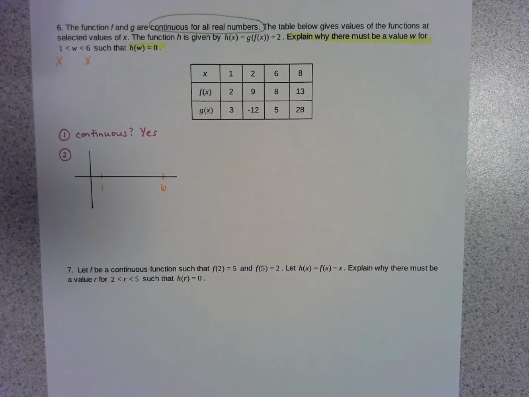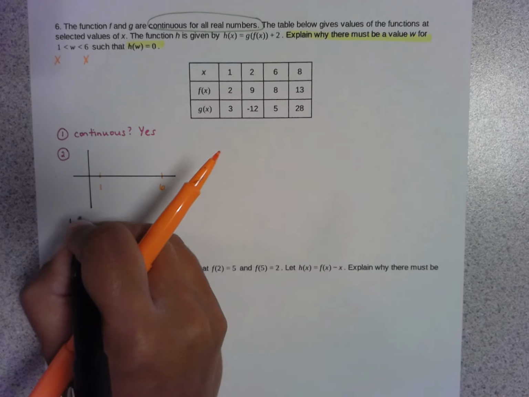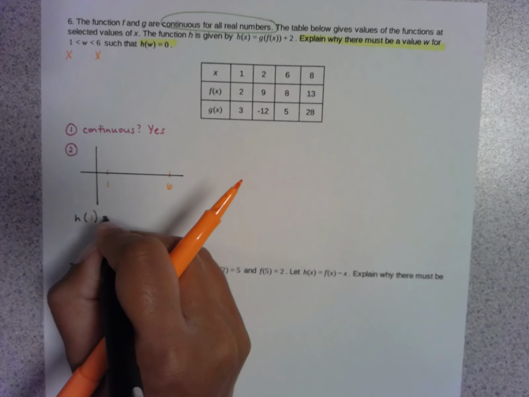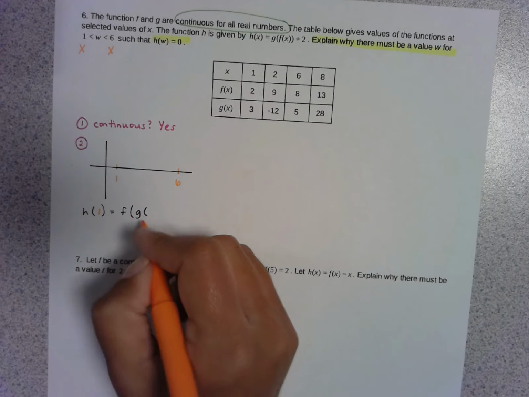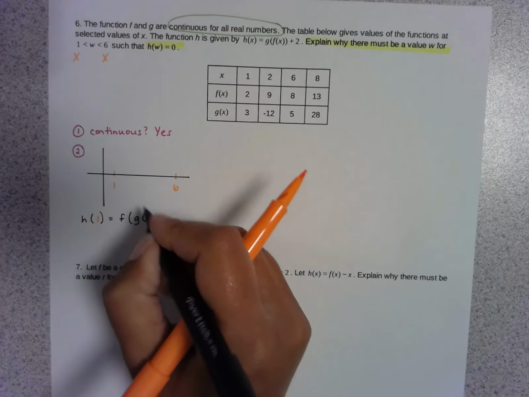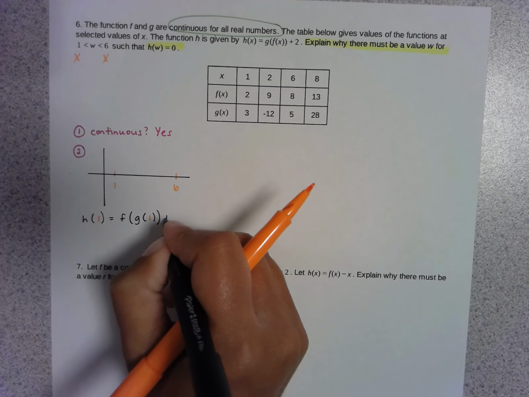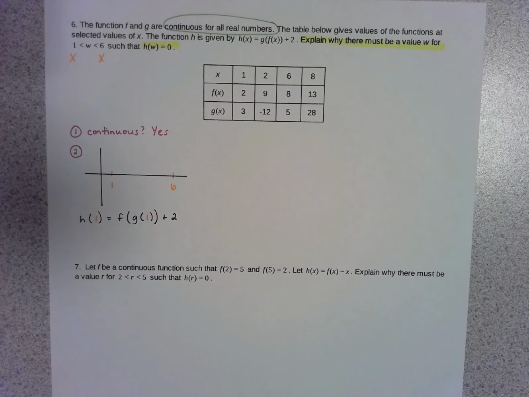And what I'm going to do next is substitute those values into my function so that I can find the y values. So I'm going to find h of 1, which would be g of f of 1 plus 2. Now, in order to evaluate this, I'm going to use the values in the table.